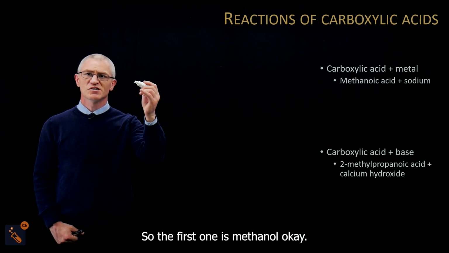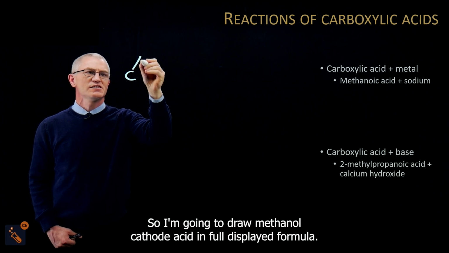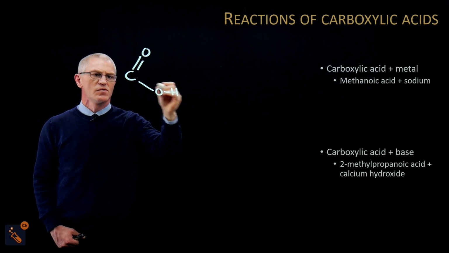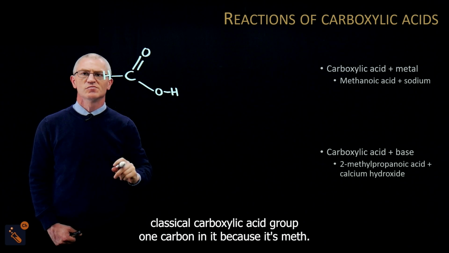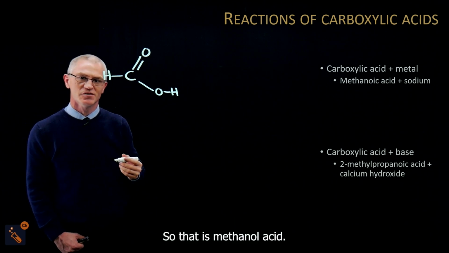So the first one is methanoic acid. I'm going to draw methanoic acid in full displayed formula. So there is methanoic acid. I've got our carboxylic acid group, with one carbon in it because it's meth, so that is methanoic acid.